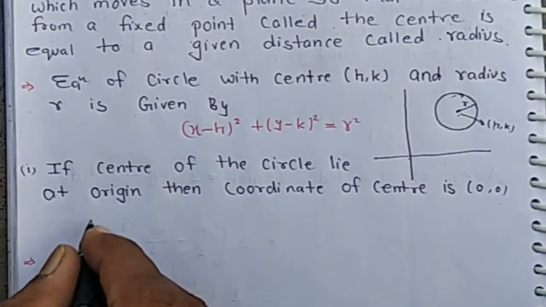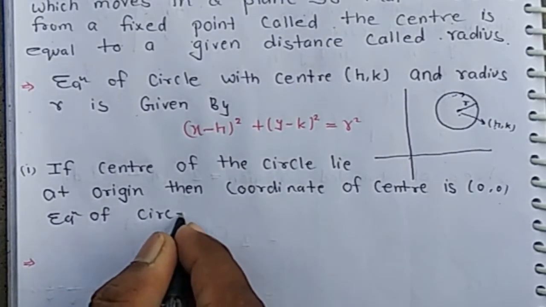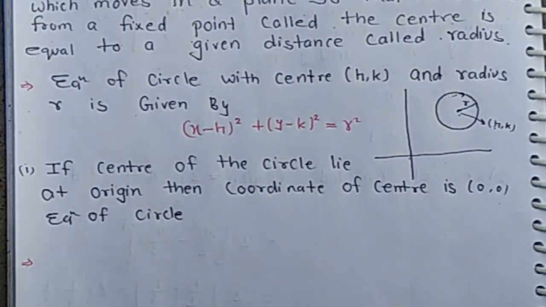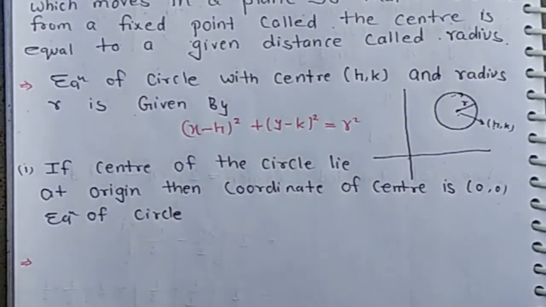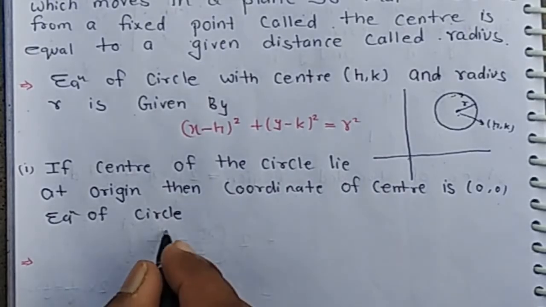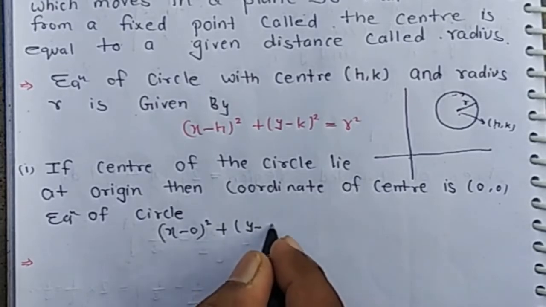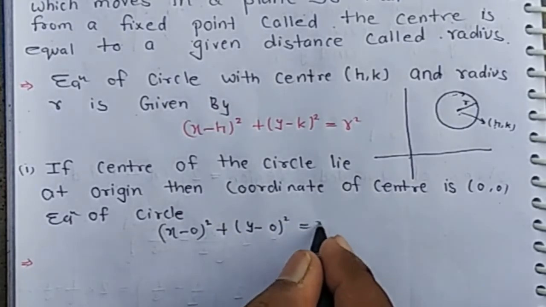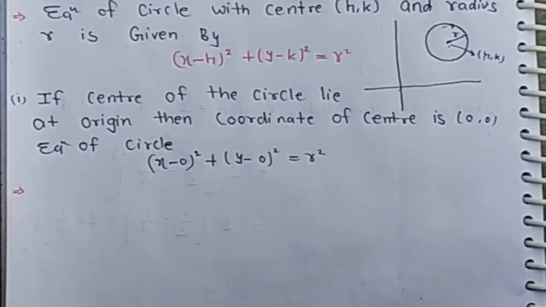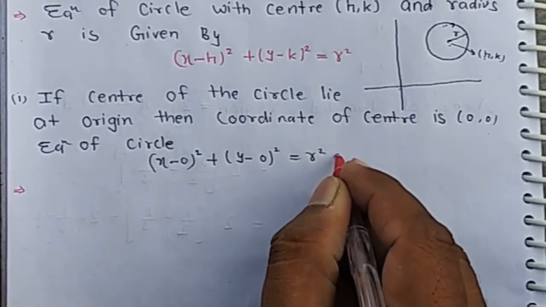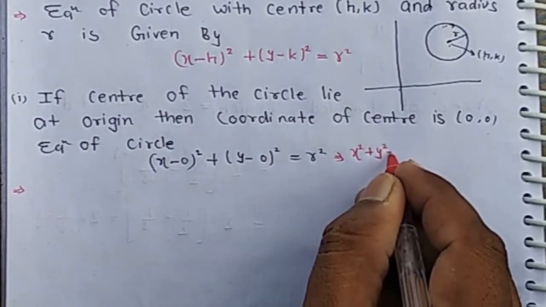Then equation of circle is x minus 0 square plus y minus 0 square equal r square, and we have x square plus y square equal r square.